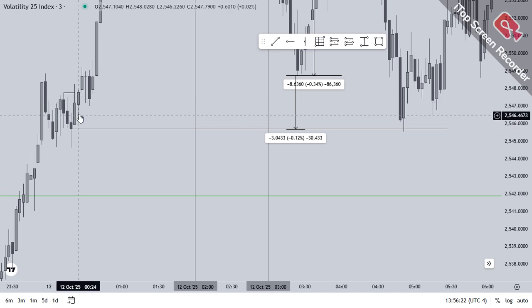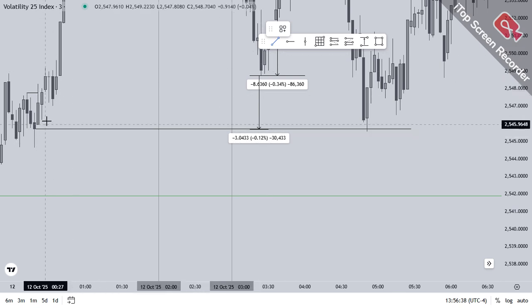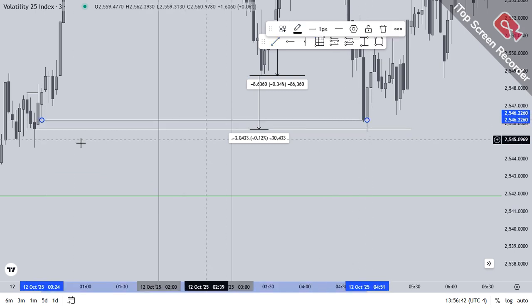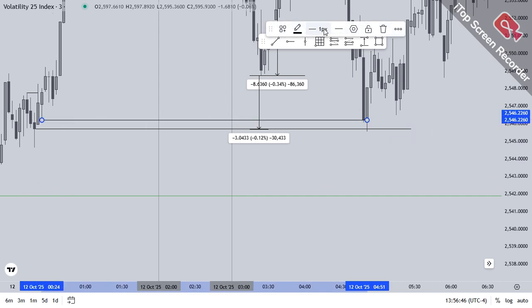Then the liquidity for this push is this particular candle, because it did not come down to mitigate this V-shaped level. Okay, that would have been the perfect entry, right? So this serves as the liquidity right there.